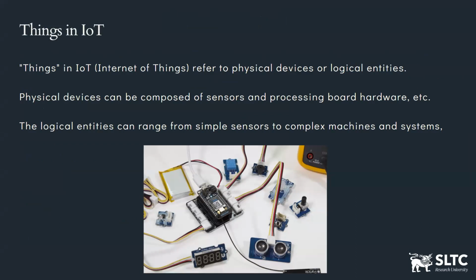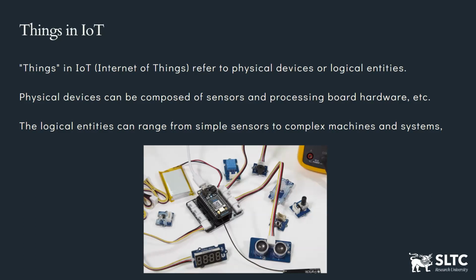So that processing hardware refers to the microcontrollers. So we can consider the total system, which consists of the sensors and the microcontrollers, as a thing, right? Such an entity can range from a simple sensor to a complex machine or a system.